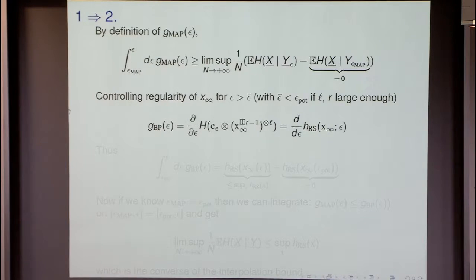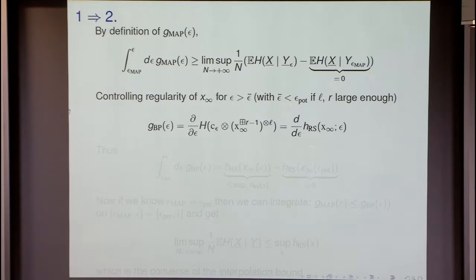But how does it act on x infinity? First you differentiate with respect to x infinity, and then you differentiate x infinity with respect to epsilon. But the derivative with respect to x infinity is 0, because x infinity is a stationary point of this functional.